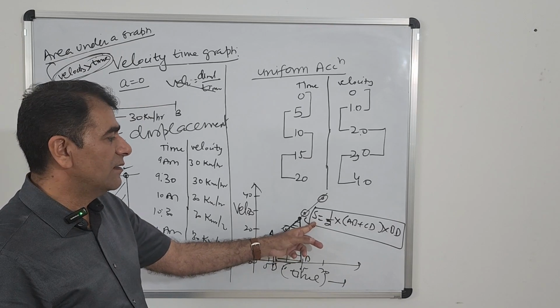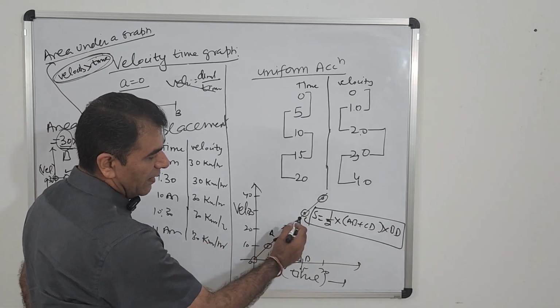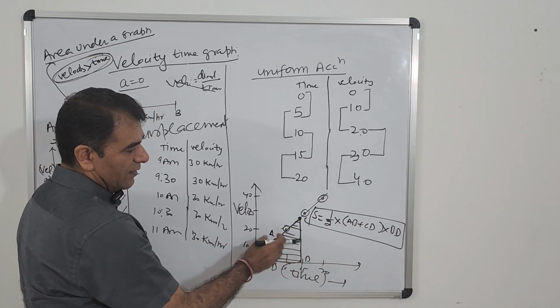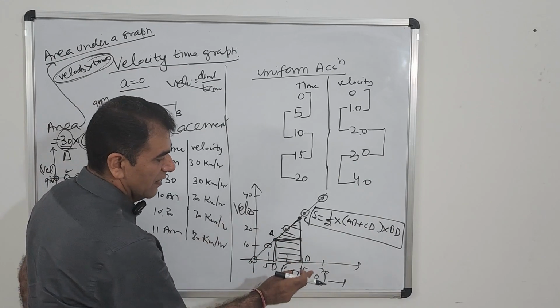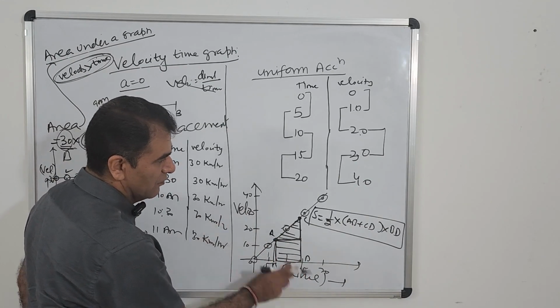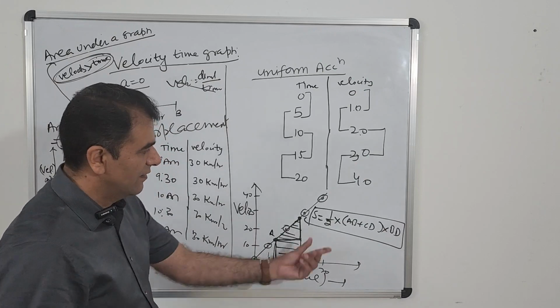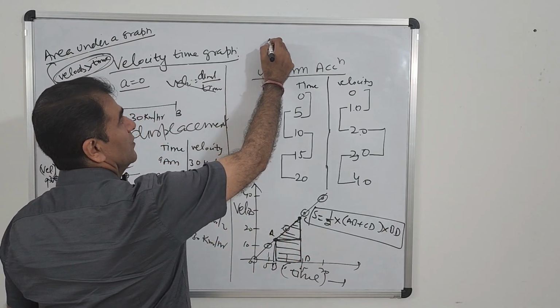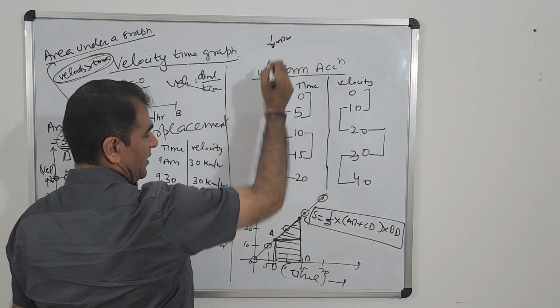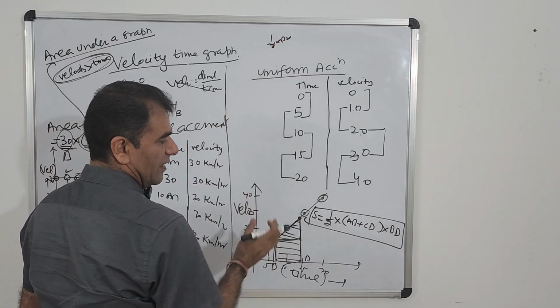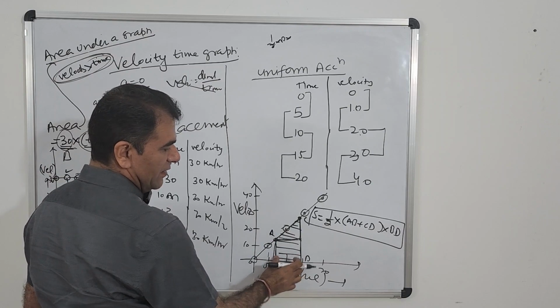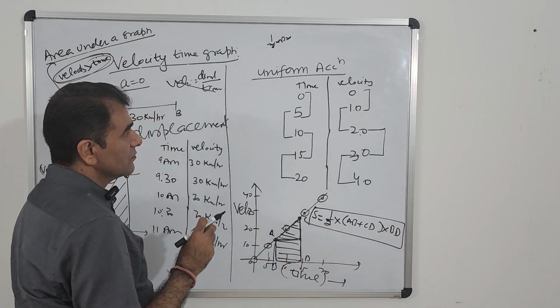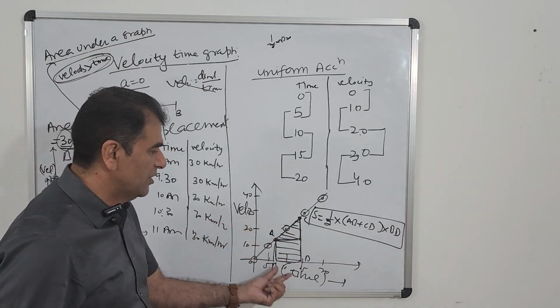It's very simple again. What are you finding? Area. Okay, there are 2 quantities. One is velocity, the other is time. It means you are basically multiplying these 2 quantities. Whether you take the area of a triangle, half into base into height, or in this case length into breadth, every time you are multiplying velocity into time.